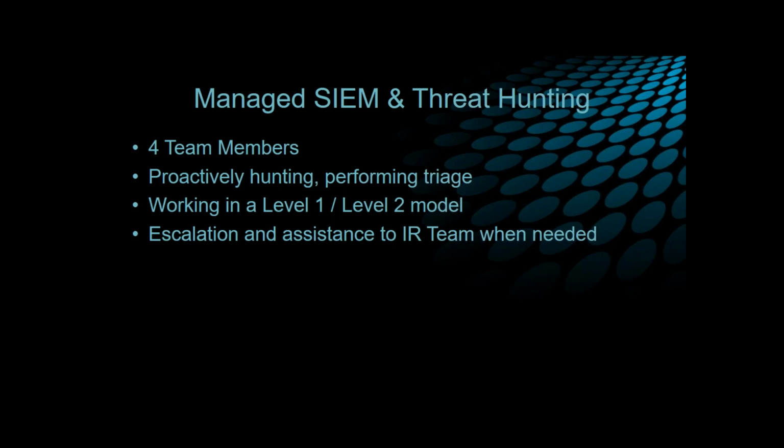And we work in a level 1 and level 2 model, where some of our team members work in level 1, and they're performing that initial level of threat hunting and really trying to identify what is important and what isn't, and get rid of some of that initial noise that they see.